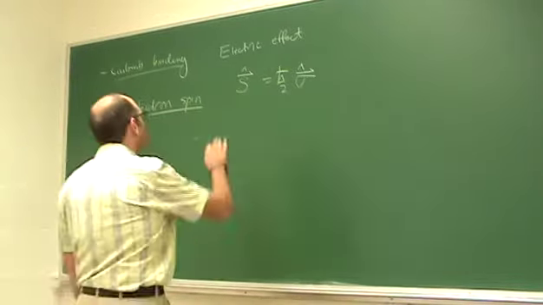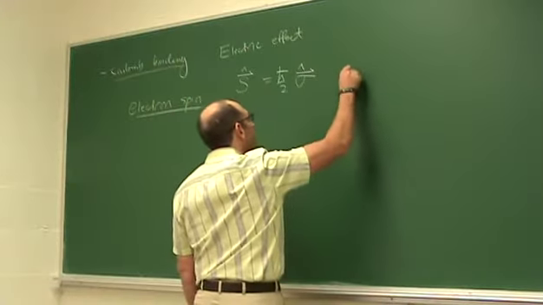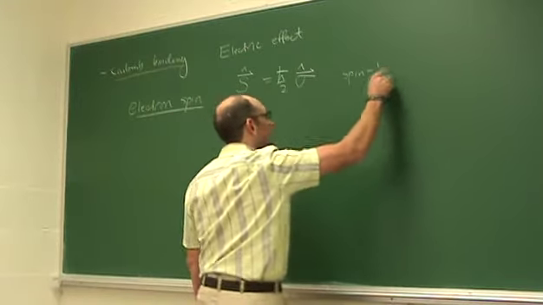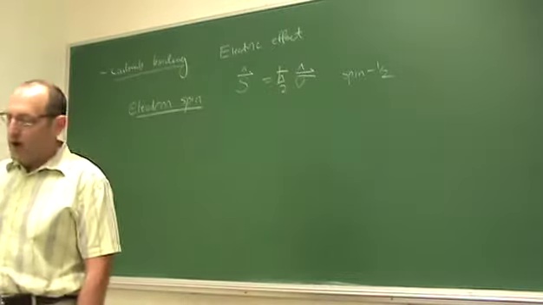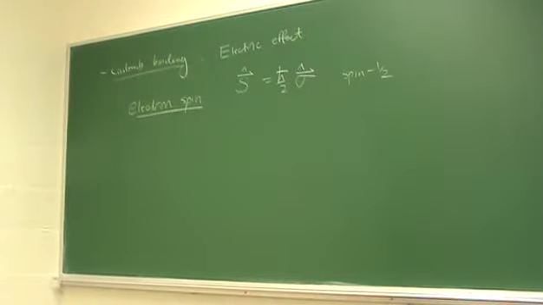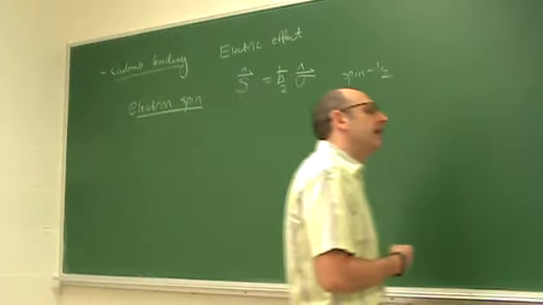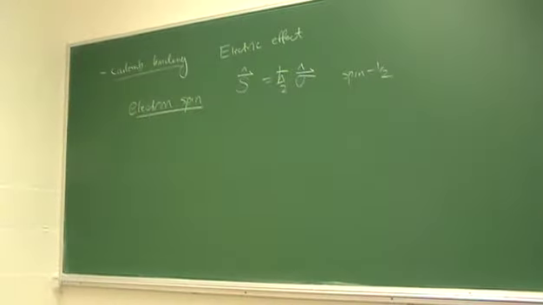So the spin of the electron is spin 1/2. And a question we should ask ourselves and remind ourselves of is, what effect is there on the atomic structure due to the existence of spin?